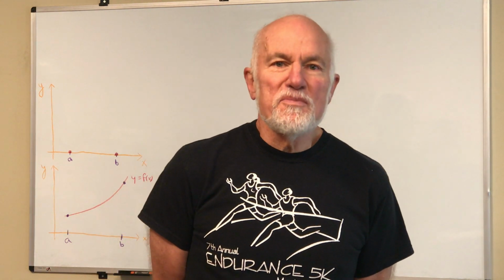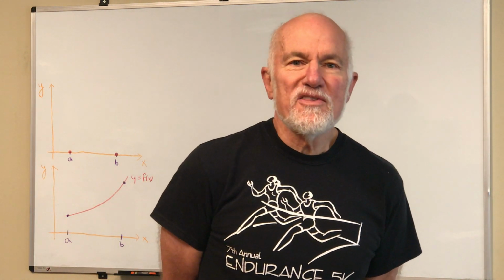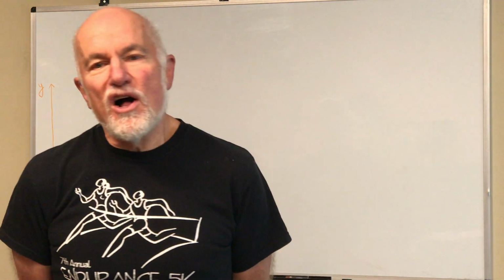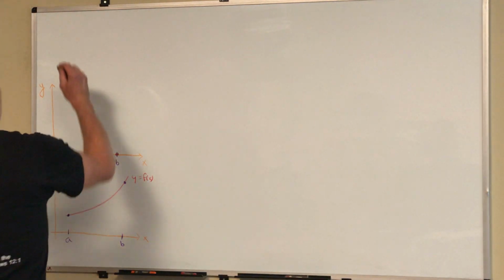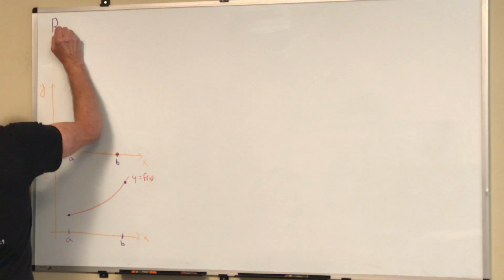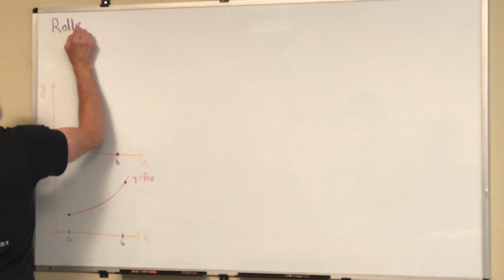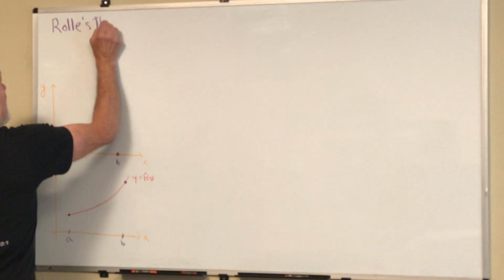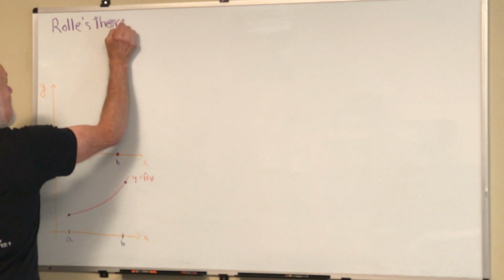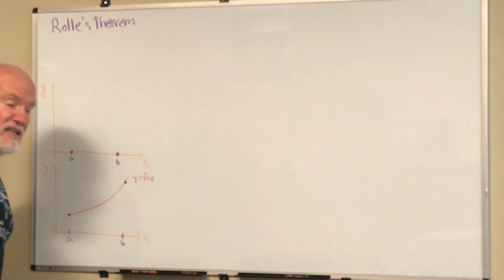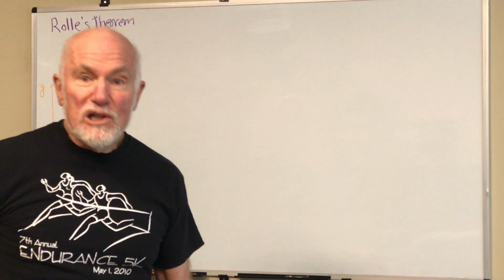I thought we would first talk about a couple of theorems that are quite important in calculus. The first one is called Rolle's theorem, named after a French mathematician by the last name of Rolle.